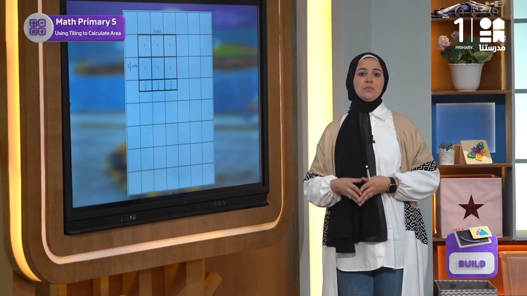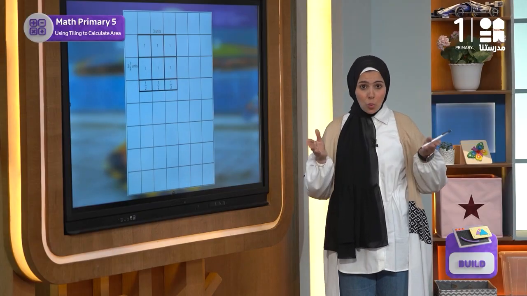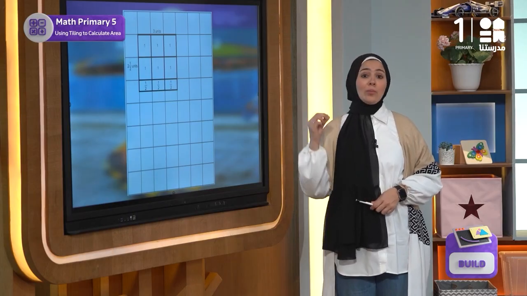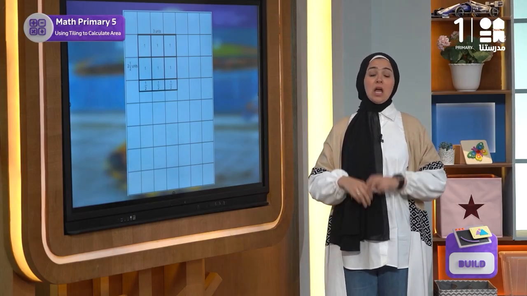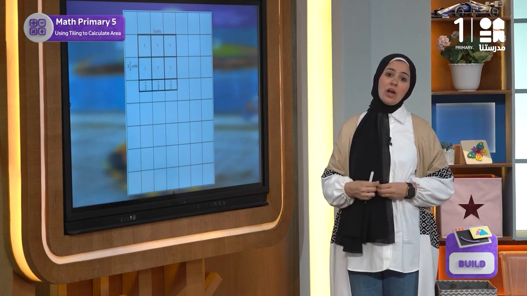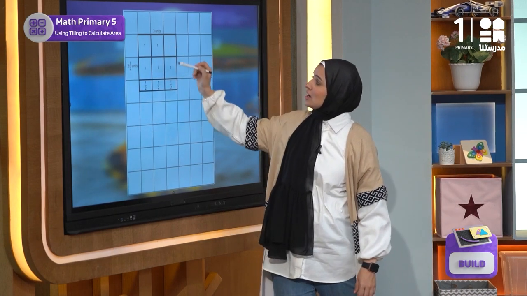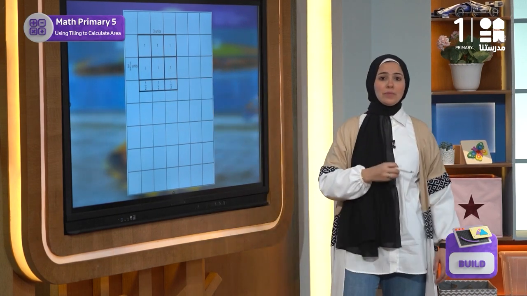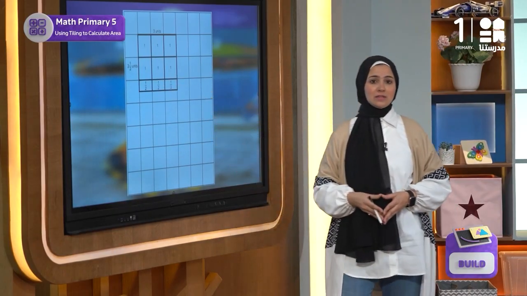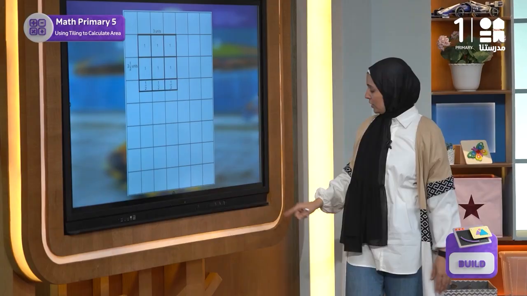Now that we're back, were you aware of the halves while you were finding the area? Let's see how my students calculated the area. One of my students said that he counted the whole number tiles. When I check over here, there were 6 whole, while we have 3 halves over there. So the area is going to be what?